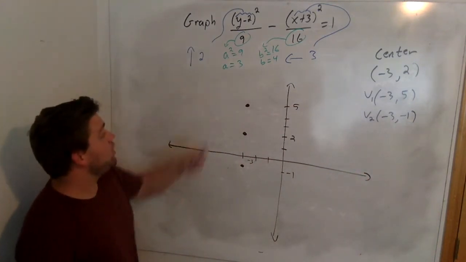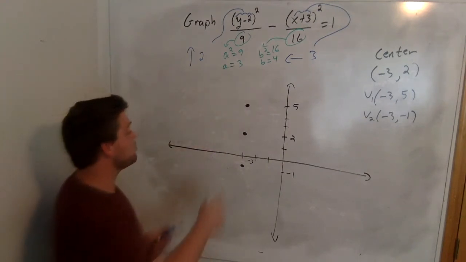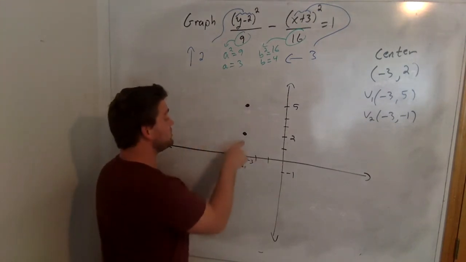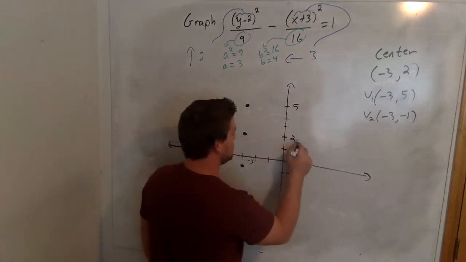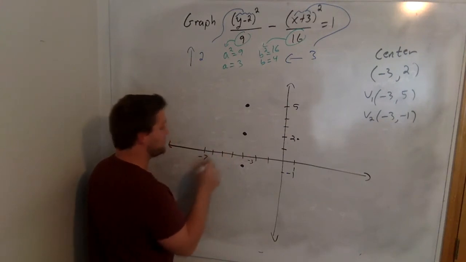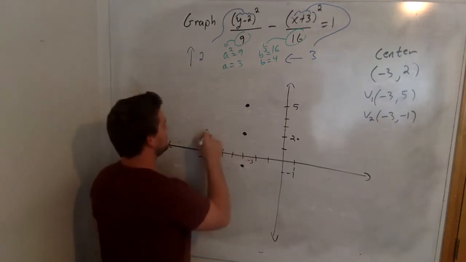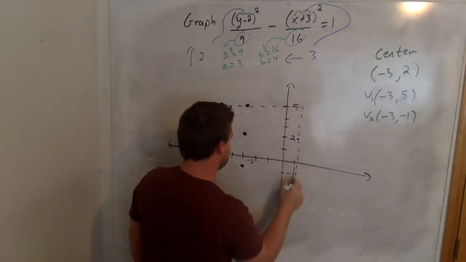Now let's move our b value so we can draw our central box. So we're going to want to go right and left 4 units from our center. So going right 4 units, I think will put us at 1. Going left 4 units, here we'll be at -7. So here we have our central box.